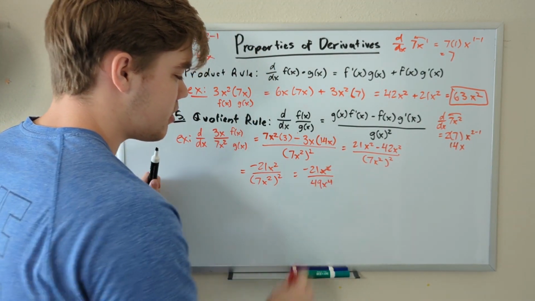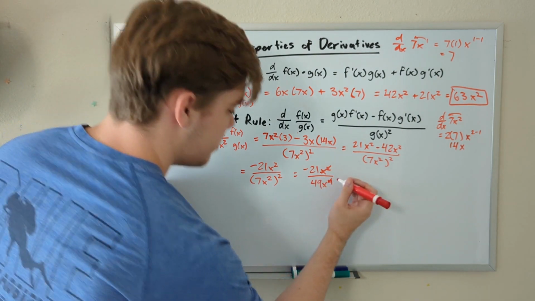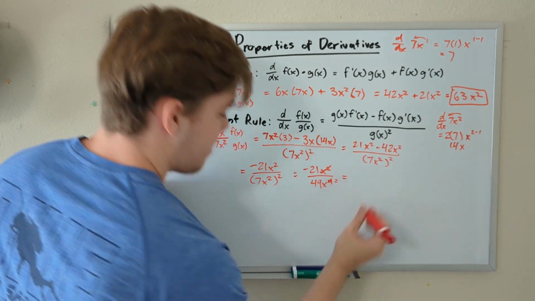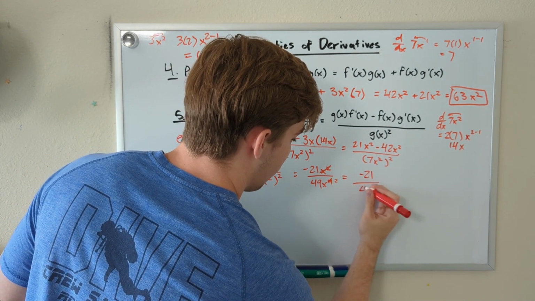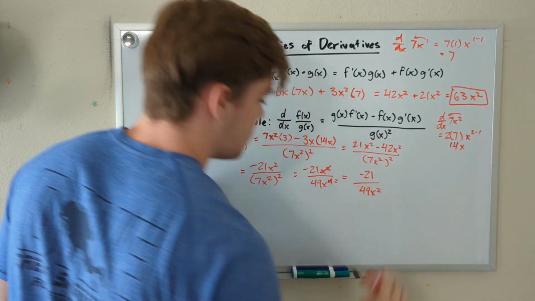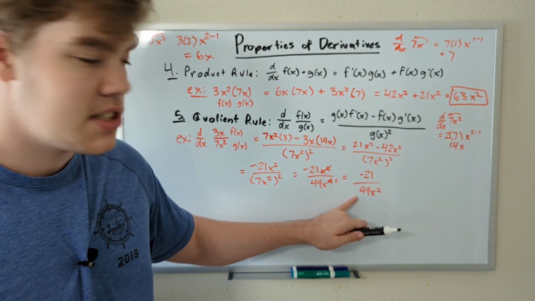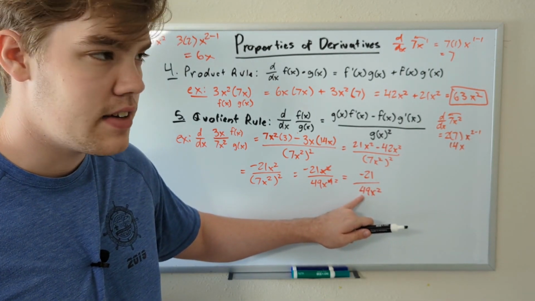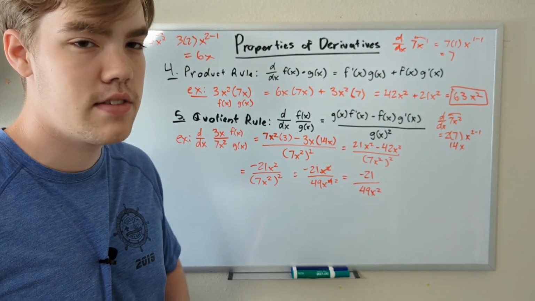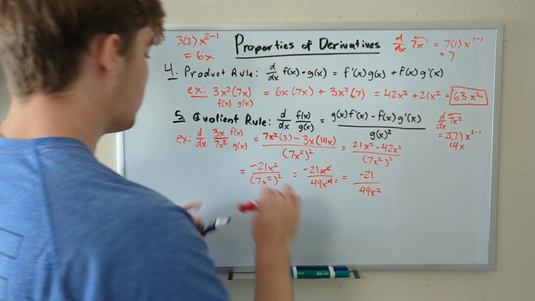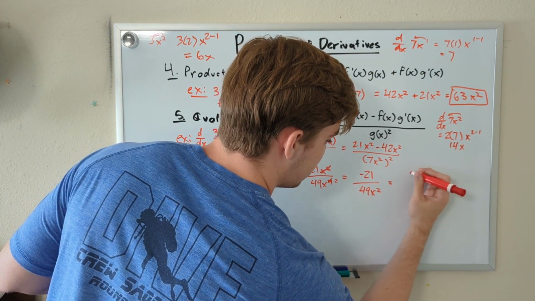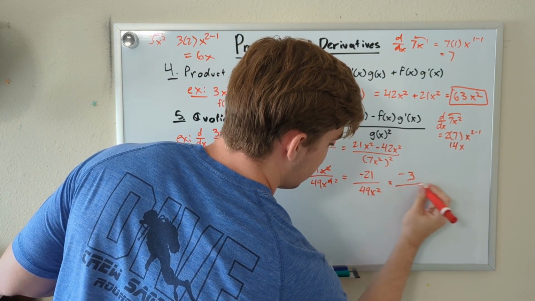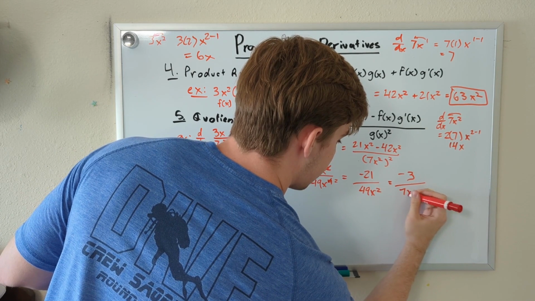So we get rid of the x squared entirely and change this into x squared. This is now equal to negative 21 divided by 49x squared. And we can divide both the top and bottom by 7. 49 divided by 7 is just 7. Negative 21 divided by 7 is negative 3. So the derivative of 3x divided by 7x squared is just equal to negative 3 divided by 7x squared.